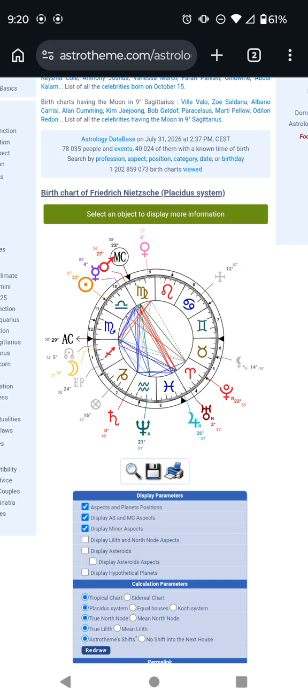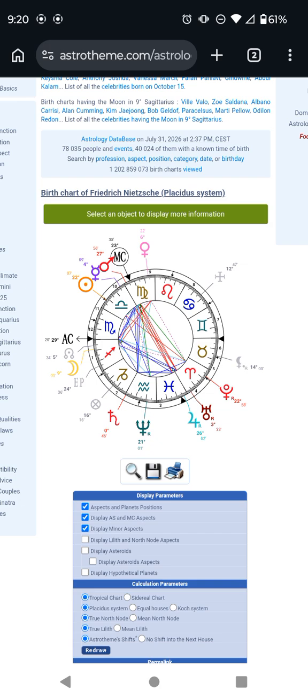On the other hand, you have Libra, which might be at least one of the primary signs of this type of balance consciousness. So you'll see that he has his sun in Libra, which is in a good position.